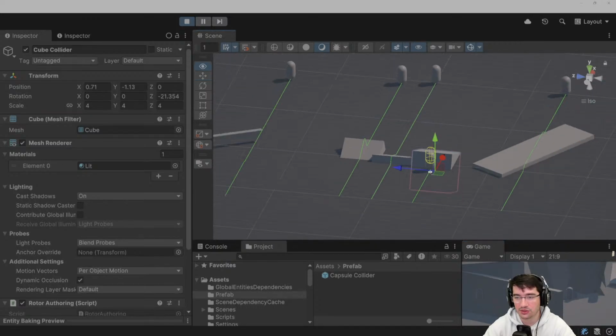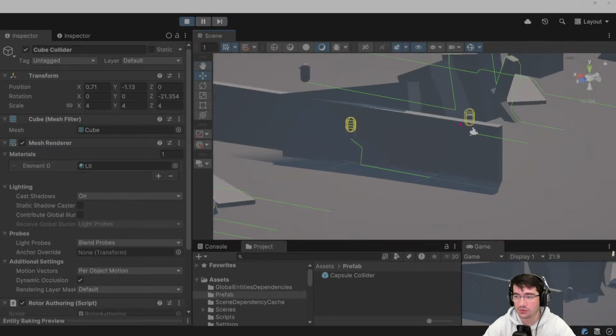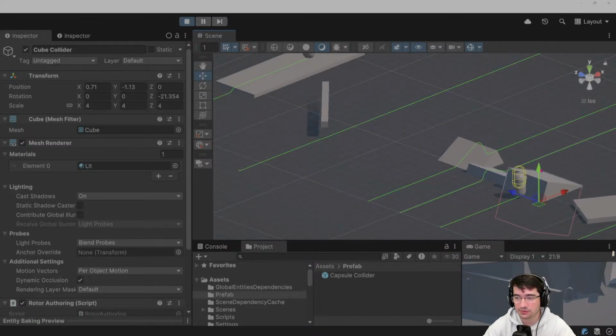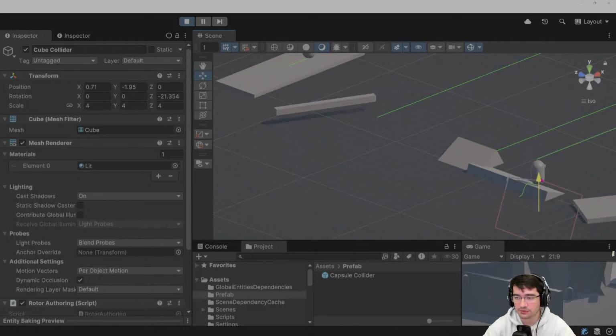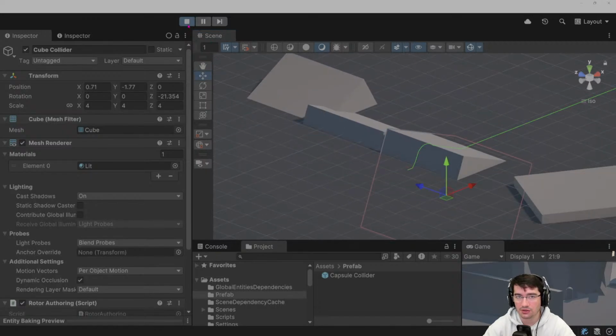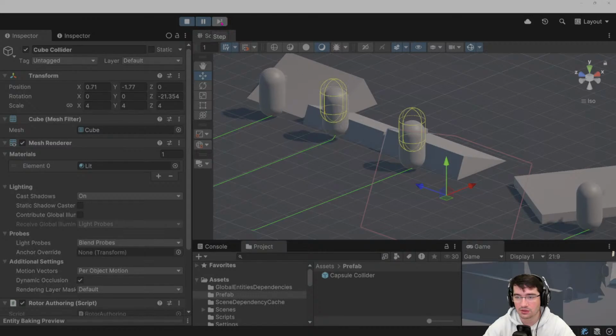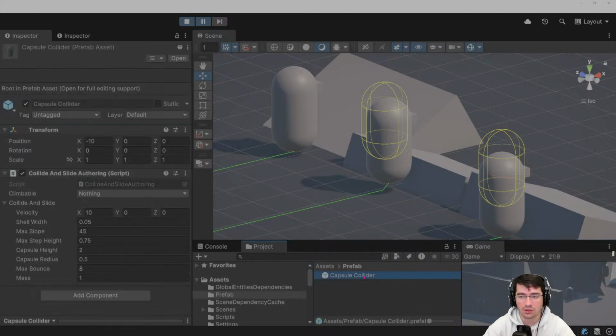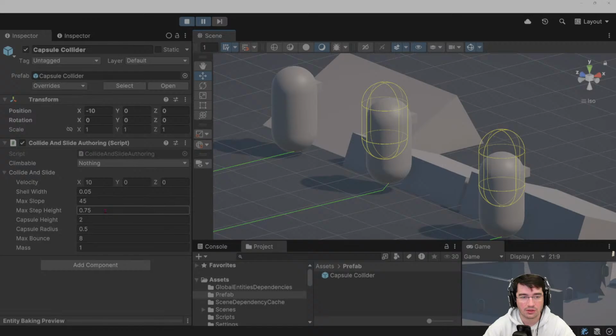Okay, so basically this one is the same test as this one, kind of. I think he's stepping higher than expected. What is my maximum step? 0.75.